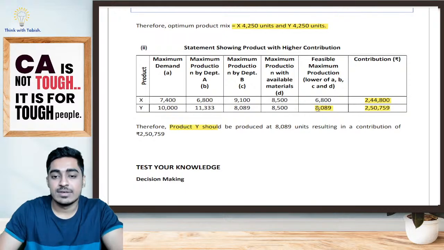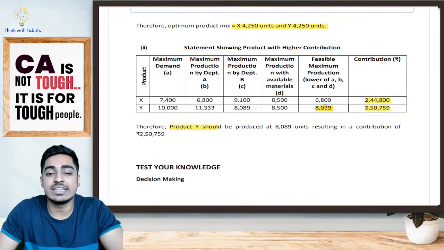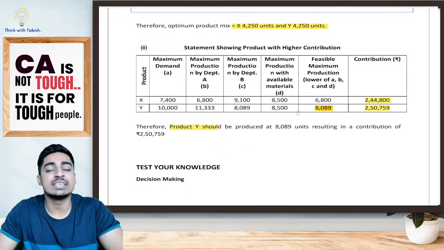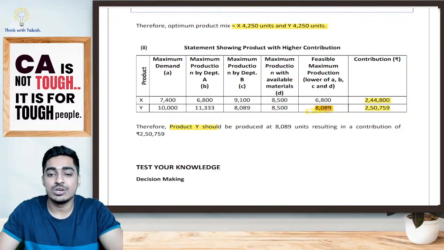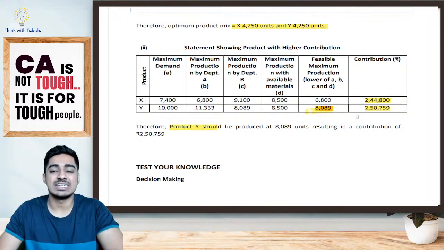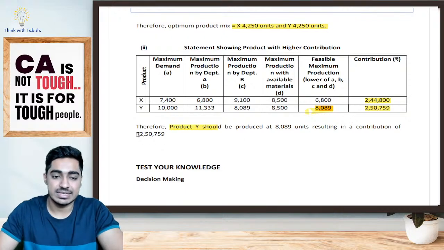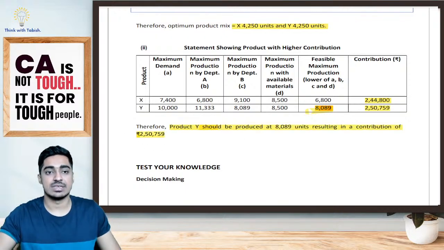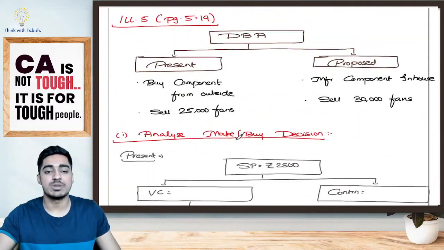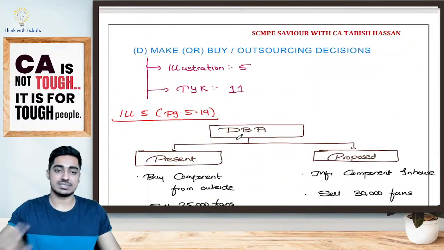I have told you we have considered 8,088. They have rounded it up. Rounding up is ideally, logically not possible. We should always be rounding down. But anyway, the impact is minimal, so we can ignore that. Yes, this is the total content. Is it clear, students? So we have finished the third concept, product mix decision.